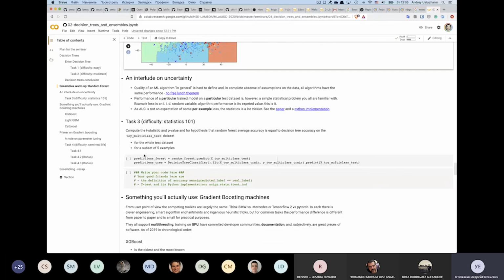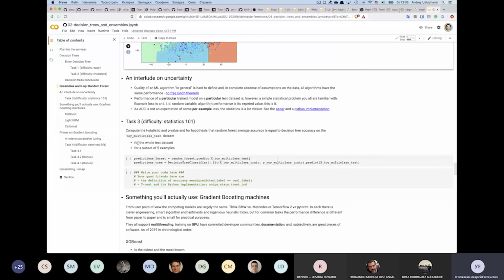So now let's try a more practical exercise, and we'll try to compute t-statistics and p-value for the hypothesis that the random forest average accuracy is equal to the decision tree accuracy on our toy multi-class dataset, as a default rule.